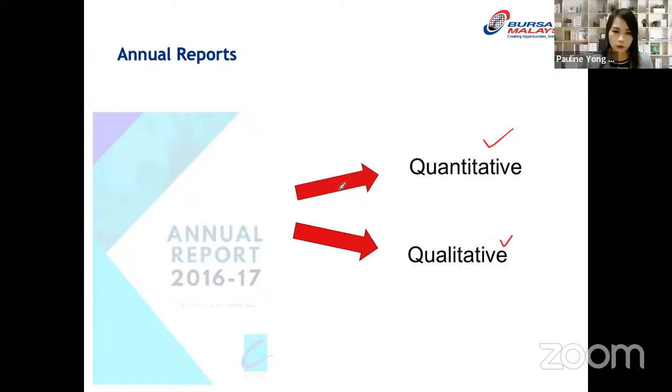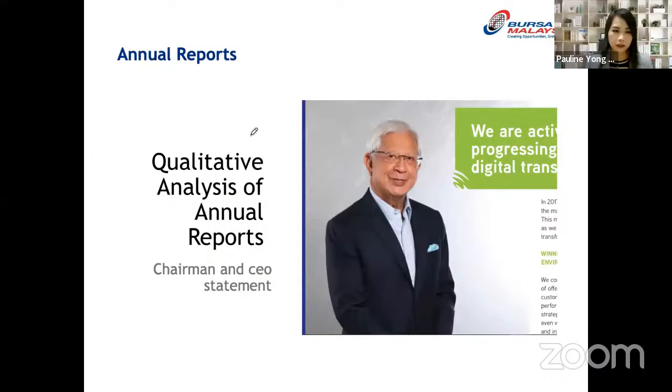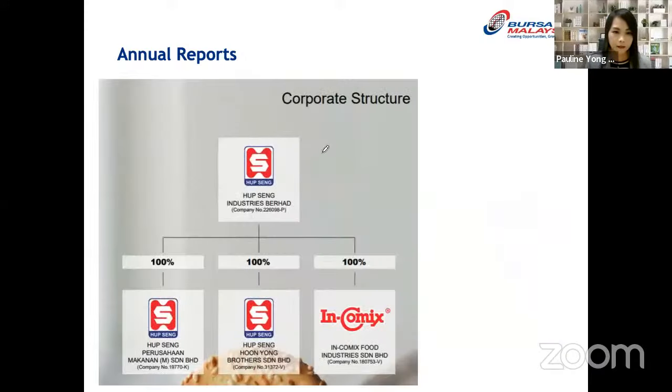Now, when it comes to qualitative, usually this is how an annual report will look. This example is a consumer company, because we start from the easiest sector, which is consumer. So look at the consumer annual report, in this case Hap Seng.